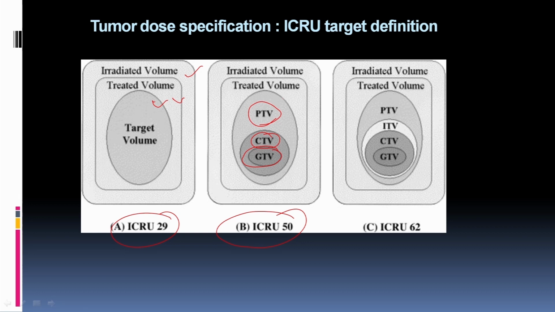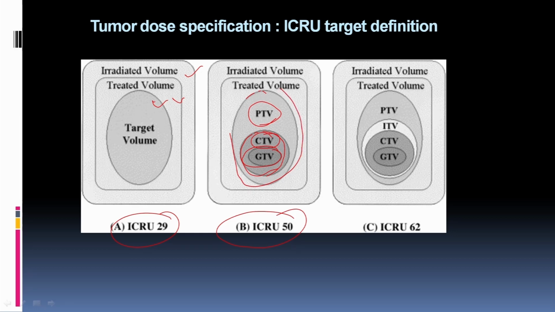So, the radiation oncologist contours or delineates the clinical target volume, where microscopic disease may be there. So, these two, the gross target volume and clinical target volume, are combined as a target volume.